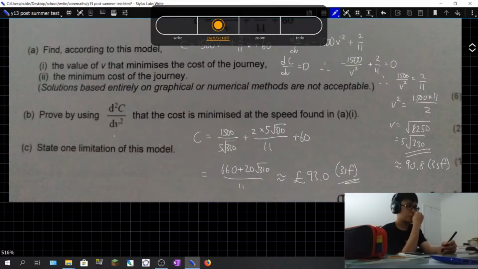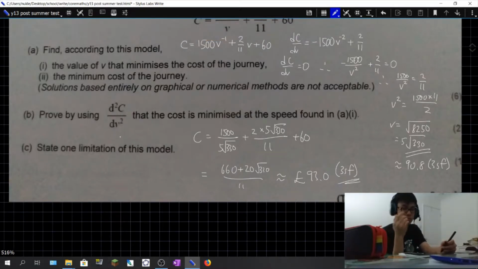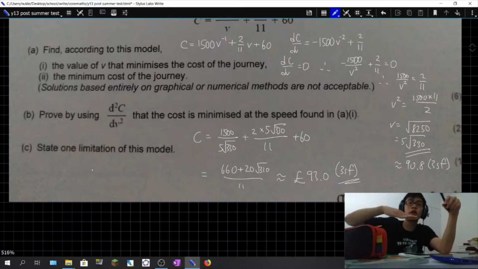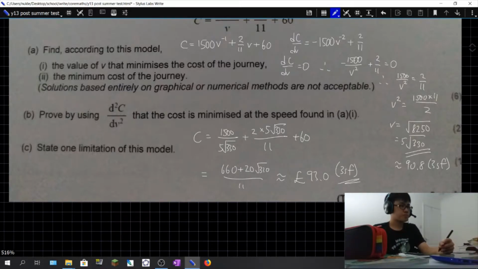Okay, cool. So you want to prove that it is actually a minimum, and when something's at a minimum, its second derivative is going to be positive, because it's trying to curve up, but right now the gradient is 0. So we want to differentiate again, so you're going to get d squared C over dv squared. We differentiate this, and that's going to be negative 2 times negative 1500, which is positive 3000 v to the negative 3.